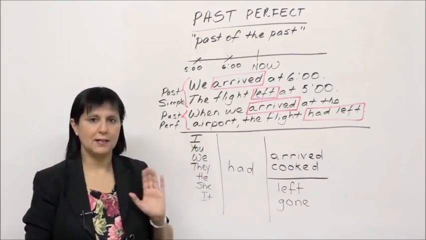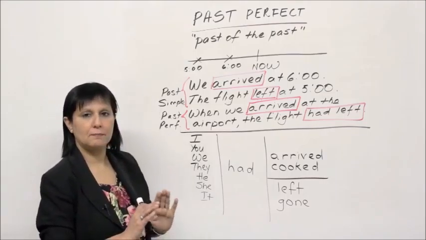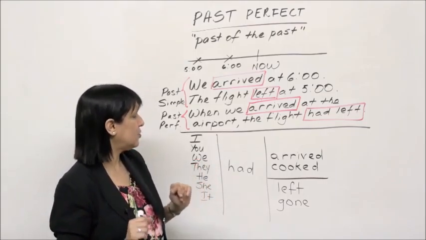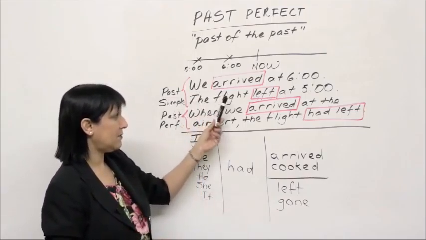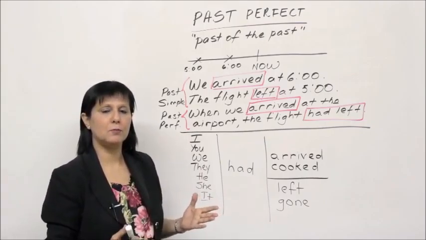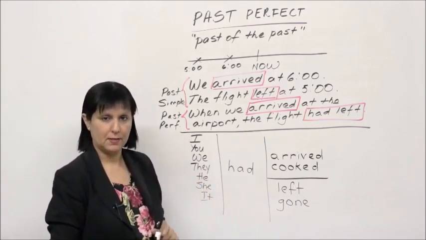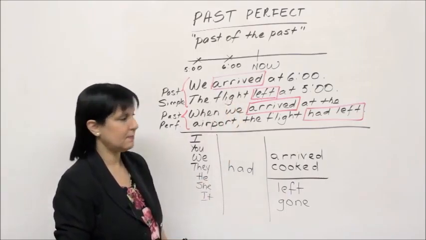Let me show you exactly what I mean. So this is first just past simple, all right? Just two simple past sentences. We arrived at 6 o'clock, all right? Let's say we arrived at the airport at 6 p.m. This is a past simple tense sentence.